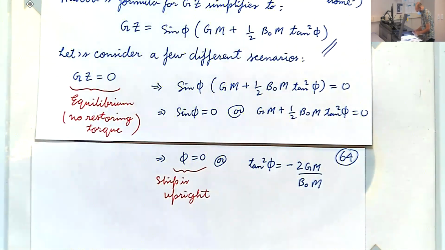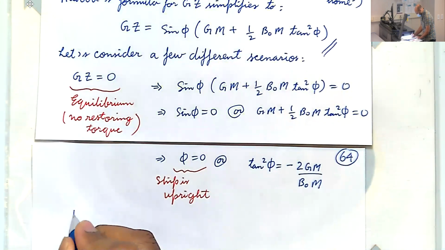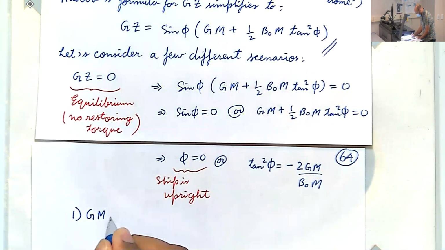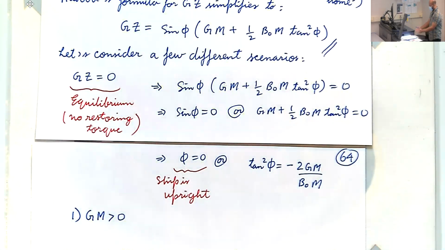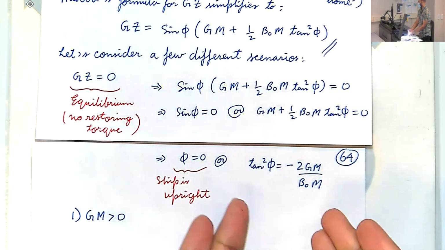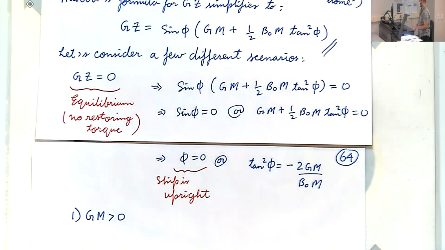Taking this second one, let's talk about what happens when GM is greater than 0. Mathematically, if GM is greater than 0, what can you tell me here? What solution for phi will give us this right-hand side?